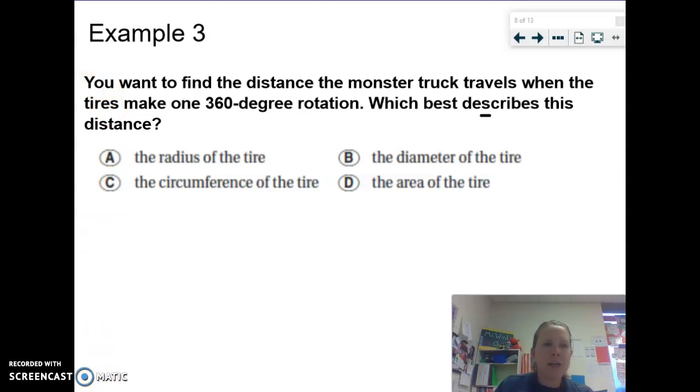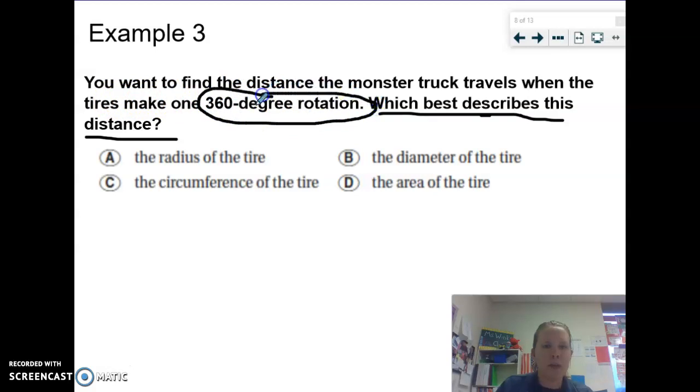What this problem is asking me is, here's your main question: which best describes this distance? So you're given a monster truck, and they're trying to see when the tire makes a 360-degree rotation. So what kind of measurement would show me a 360-degree measurement? Think about your tire.